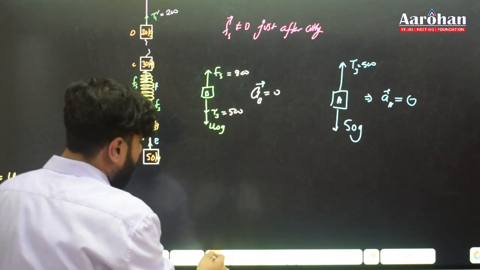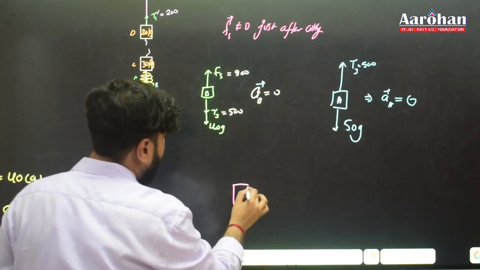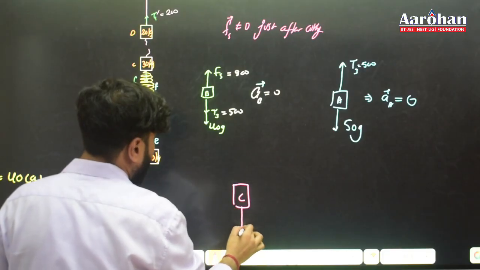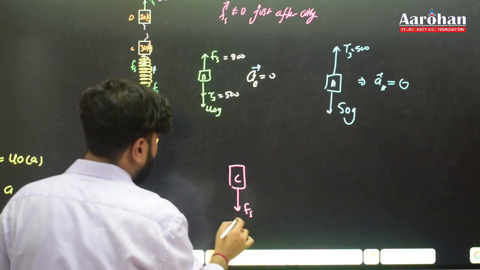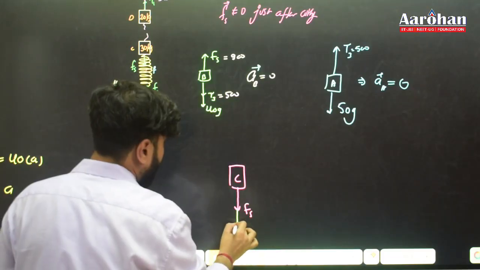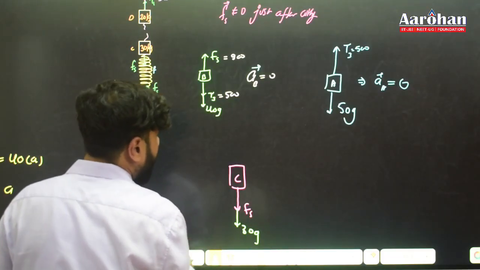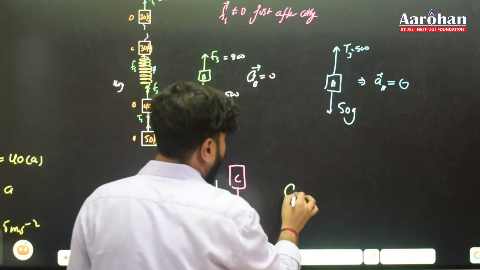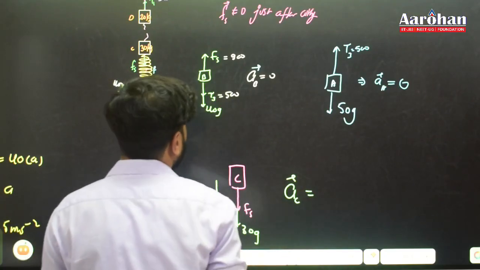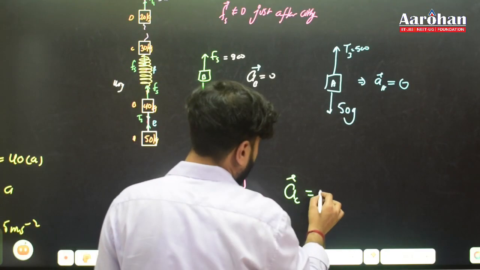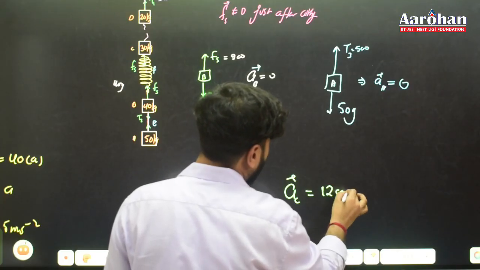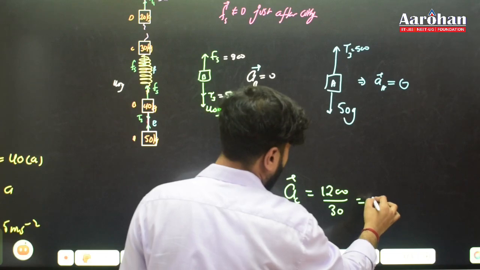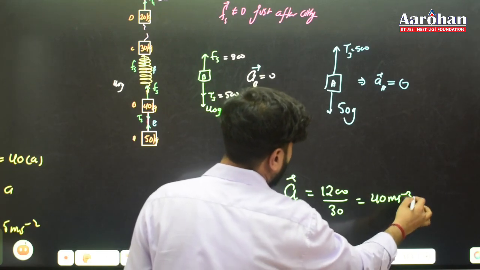But if you see the acceleration of C, there is no tension to support it, but there is only Fs downward and also 30 g downward. So both forces are downward, that means acceleration will also be downward. So acceleration will be Fs, 900, plus 300 over 30, and you can see it will be 40 meter per second squared downward.